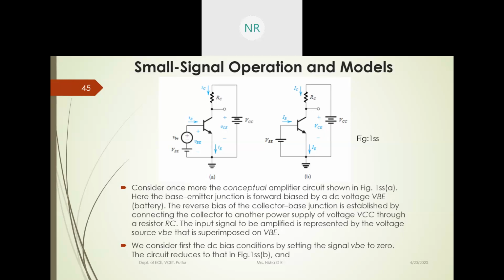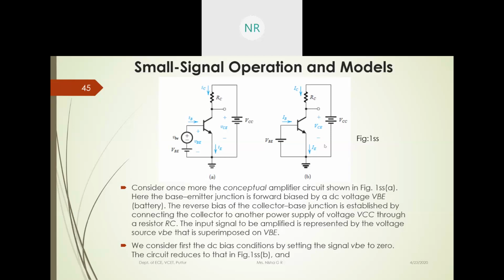At that time, you have to make VB a short circuit. Wherever there is a voltage source, it is a short circuit; if there is a current source, then it is an open circuit. So we consider the DC bias condition by setting the signal vbe to 0.